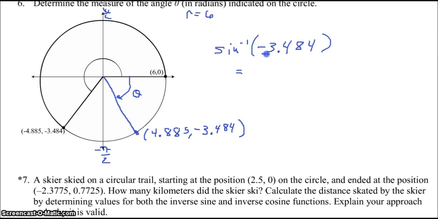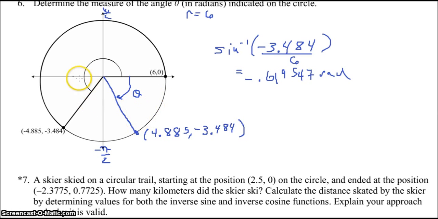Well, we wouldn't get anything at all because we have to divide this by 6, the radius. So doing that, I get negative 0.619547 radians.